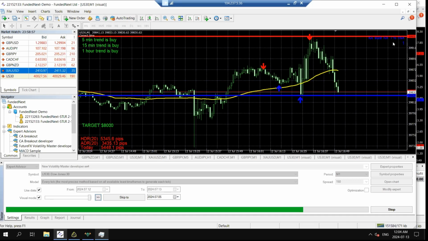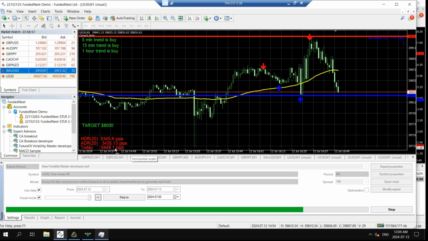It's showing us the risk that we're assuming per trade. The lines and the arrows, they're the software identifying market structure. So it's identifying the high points and the low points, identifying the trends on the different timeframes.